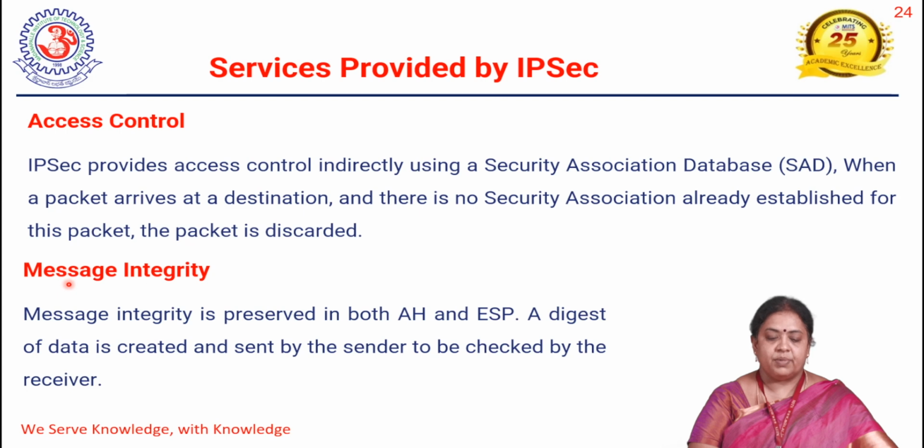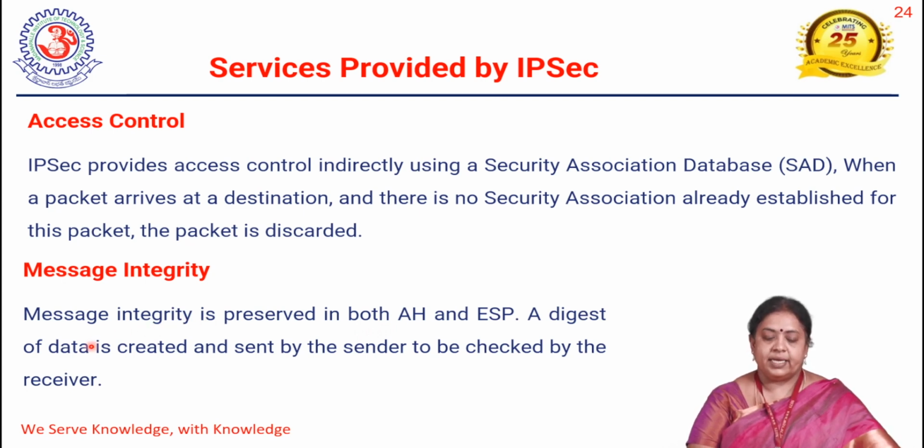Then coming to message integrity. Message integrity is provided in both protocols. The AH protocol provides message integrity as well as ESP. What is meant by message integrity? Integrity means the data should not be modified or changed.